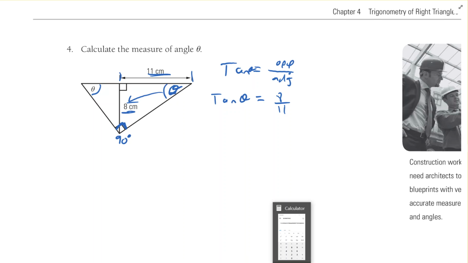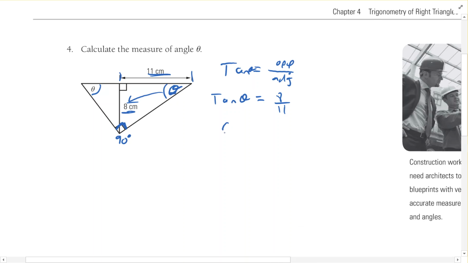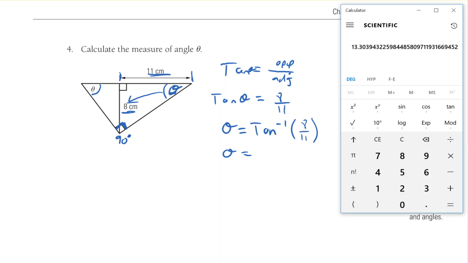So if we're going to figure this out for the angle, what you do at this point is just go, okay, theta is equal to tan negative 1 of, now you can either write this as a decimal by going 8 divided by 11, or leave it as 8 over 11. They mean the same thing, right? So in your calculator, you're going to go 8 divided by 11.